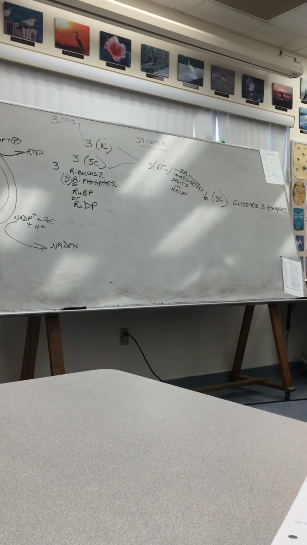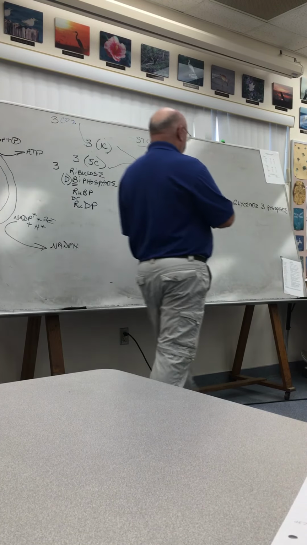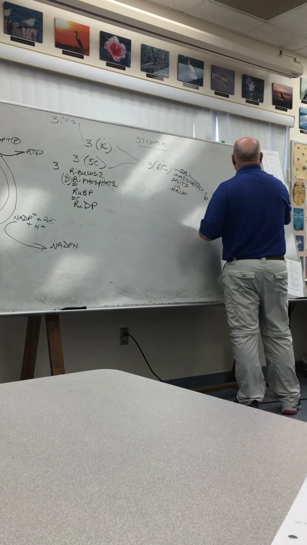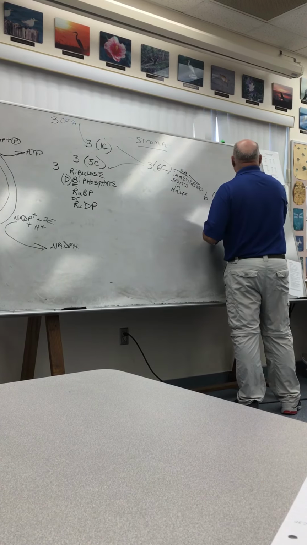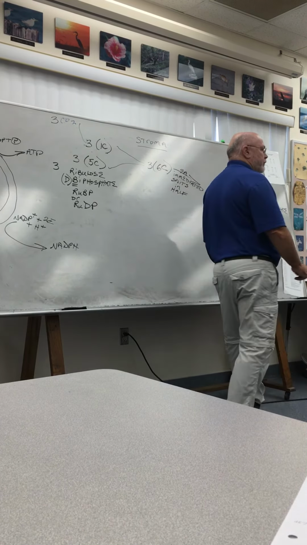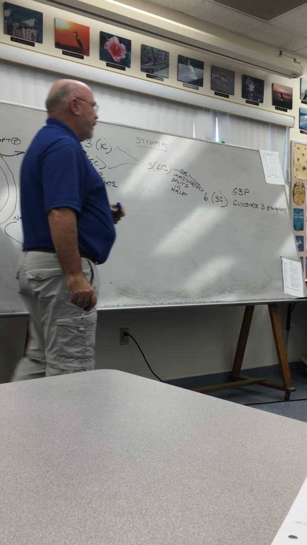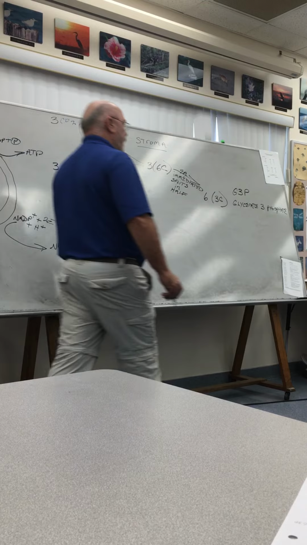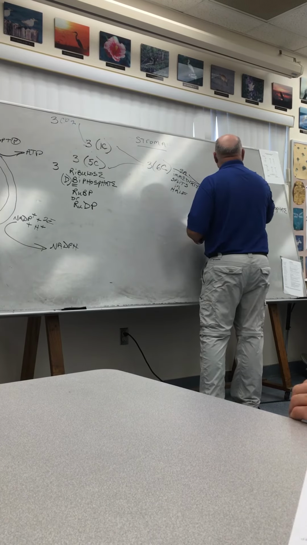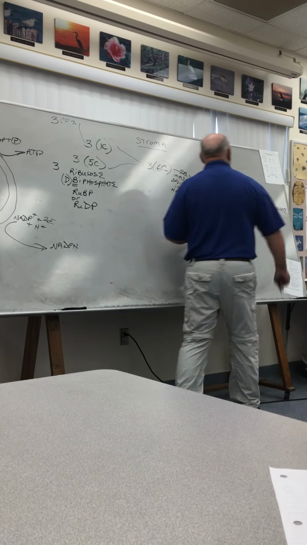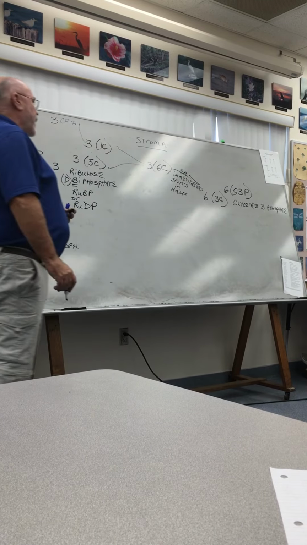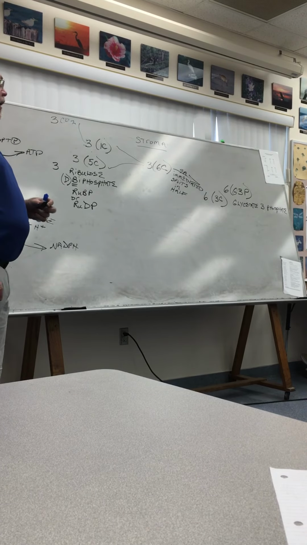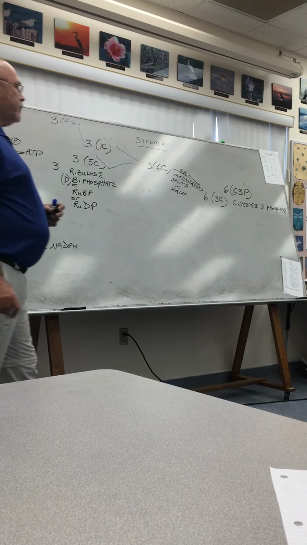Okay? So, how will you see this if it's abbreviated? You'll see it as G3P, glycerate 3-phosphate. And there will not be one of them, there will be 6 of them as part of the Calvin cycle, as long as you put in 3 carbon dioxides.